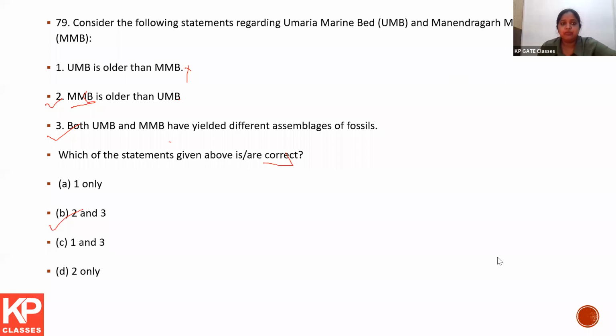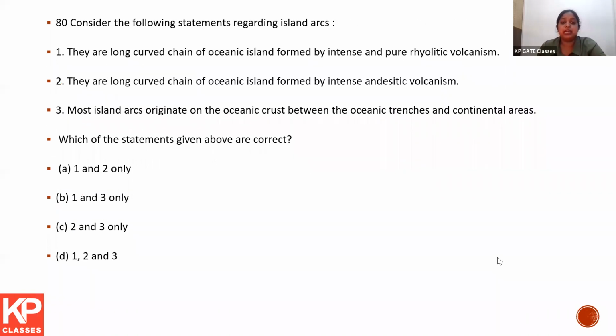So next one, which one of the statements regarding island arcs is the correct statement? They are long curved chains of oceanic islands formed by intense and pure rhyolitic volcanism. No. First option itself is wrong. It's not pure rhyolitic volcanism actually.